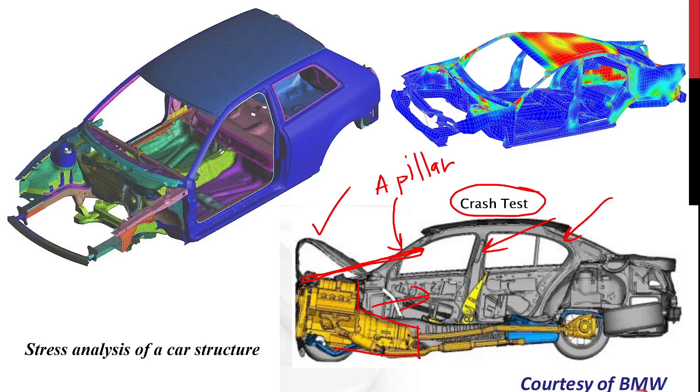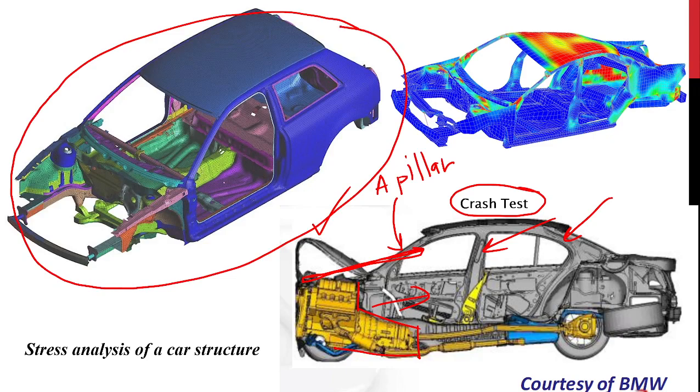Things like this you can get results for and look at the cross section before you crash the real car, which costs hundreds of thousands of dollars. And then if you look at the chassis of the car, there is a lot of sheet metal involved, and all this sheet metal has different thickness, especially at the structural parts. This is the guardrail, the crash beam, and then your fender beam.